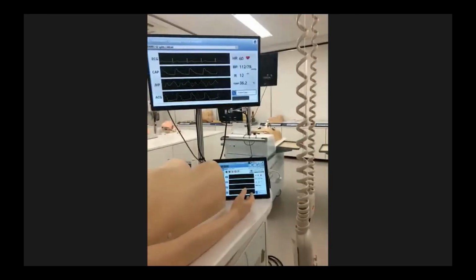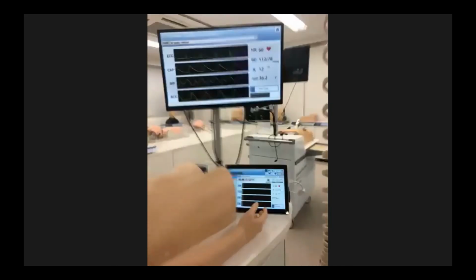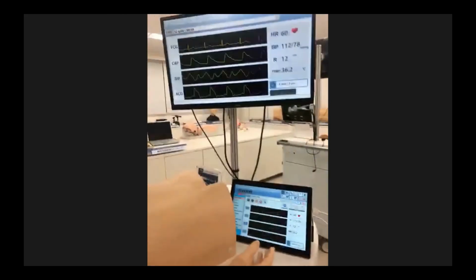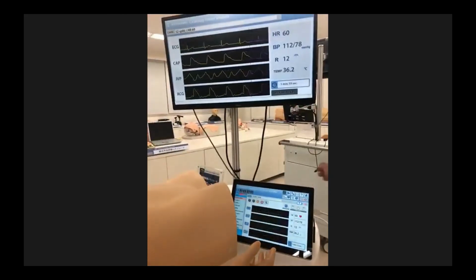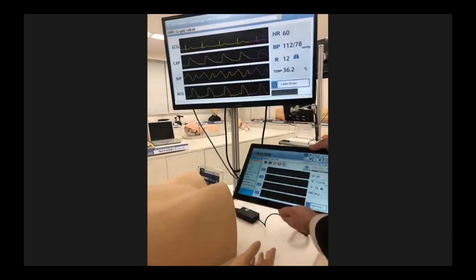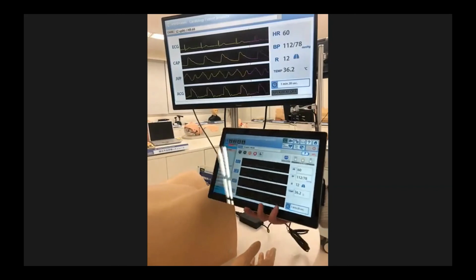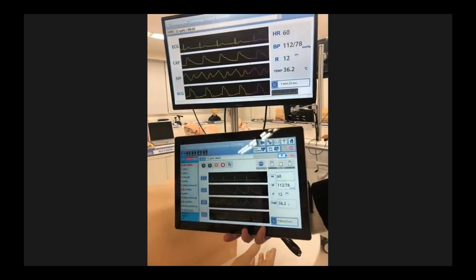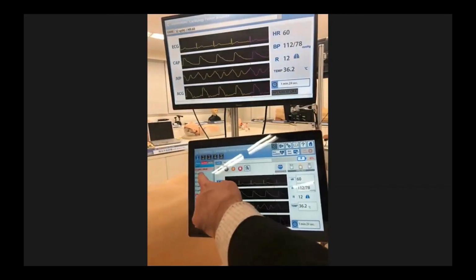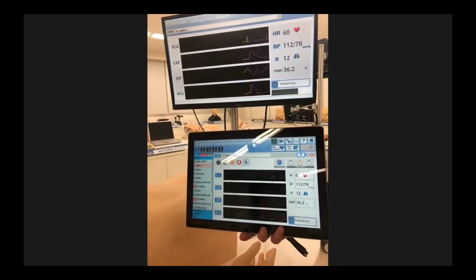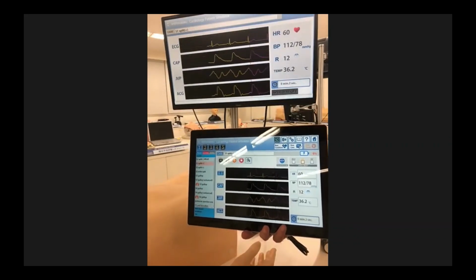So here we have the monitor with all the clinical data. And as you can see here, we have the tablet with the different cases right now. So just with one touch, you can change the case.